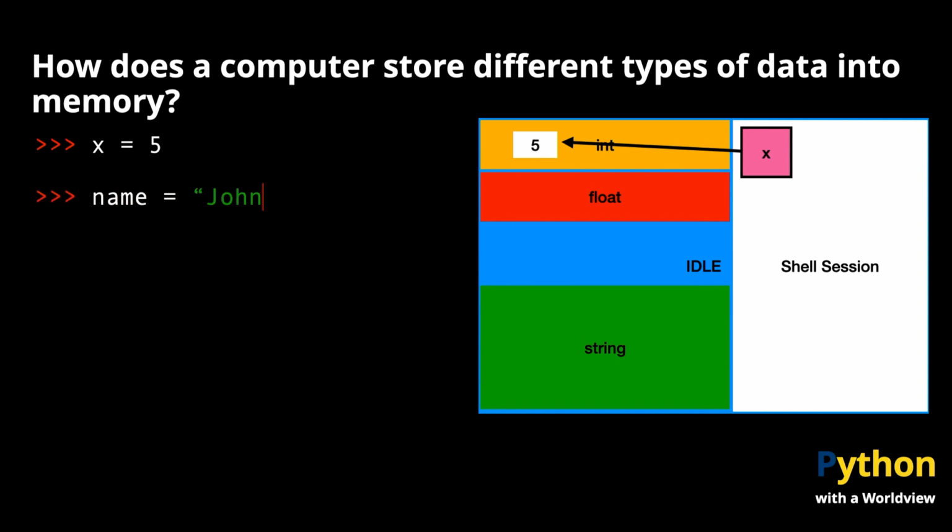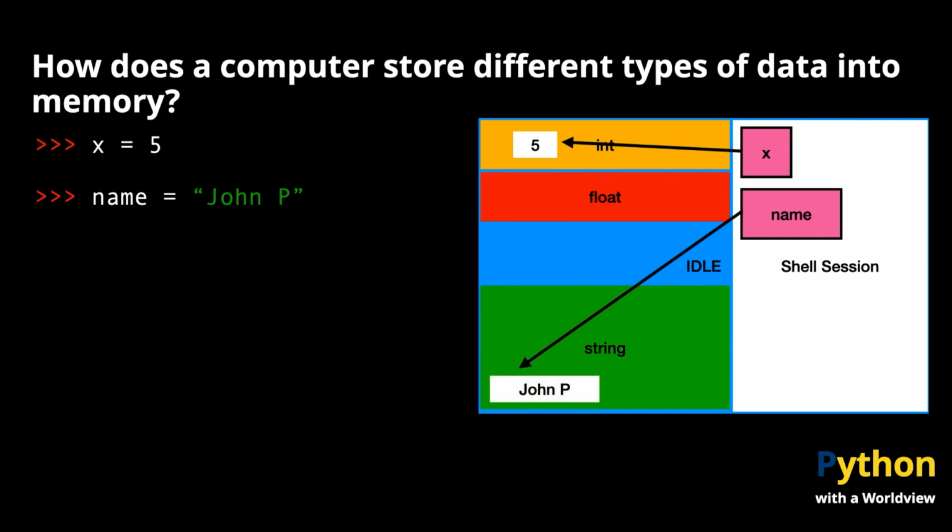Let's say that same user types in name equals John P. Then the variable name is stored in the shell session. And inside of that memory block is an address which points to a location in the string memory block where John P is located.